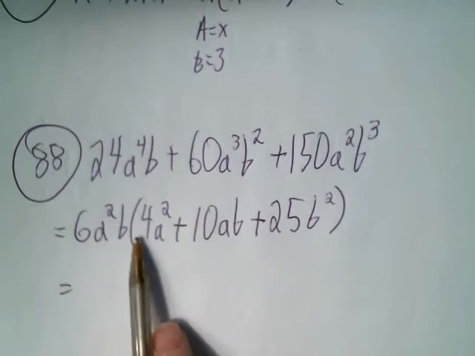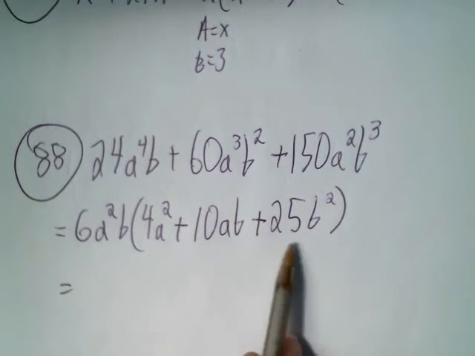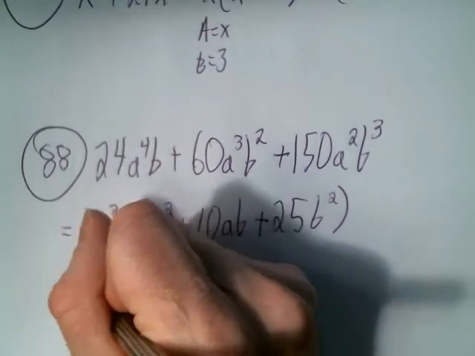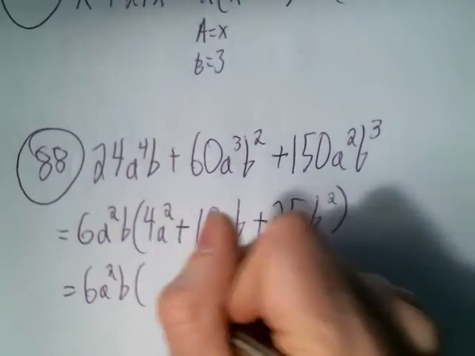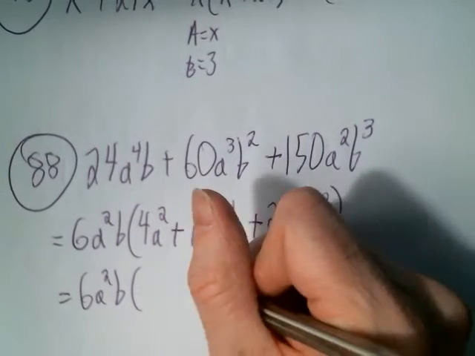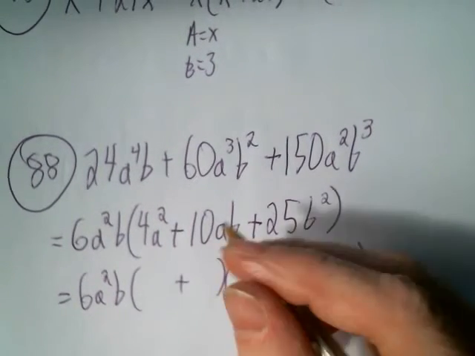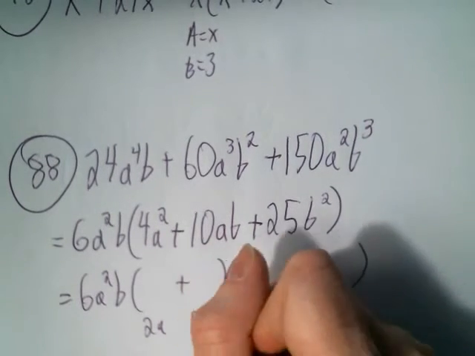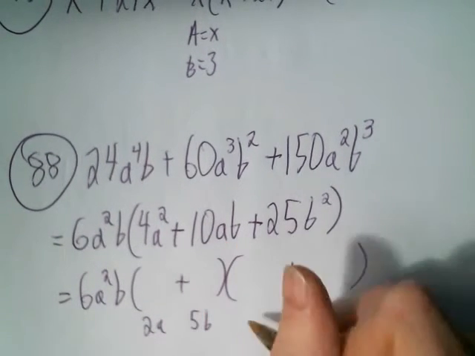You always want to check to see if you're done or not, and I think we can factor this again. It looks like a perfect square trinomial, so let's go at it. The signs have to be plus and plus, and we're hoping for 2a and 5b if it's a perfect square trinomial.